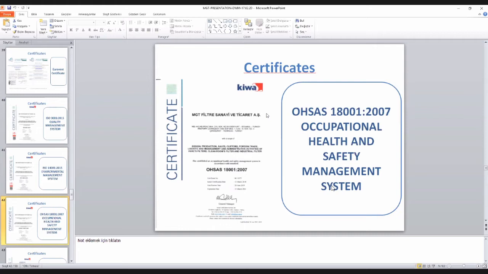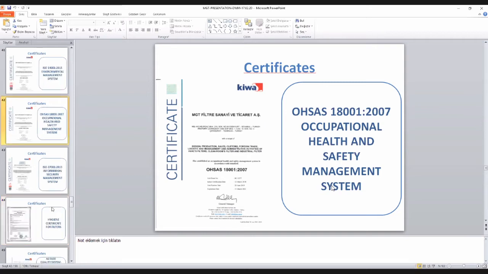And the last one is OHSAS. This is very important for health and safety management system. Believe it or not, even the cattle don't have the certification because they use the labor market. But when people ask, do you have the safety management system certification? We can provide it, but not many companies have this.